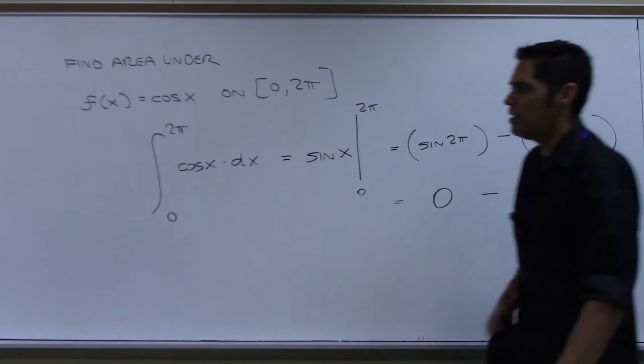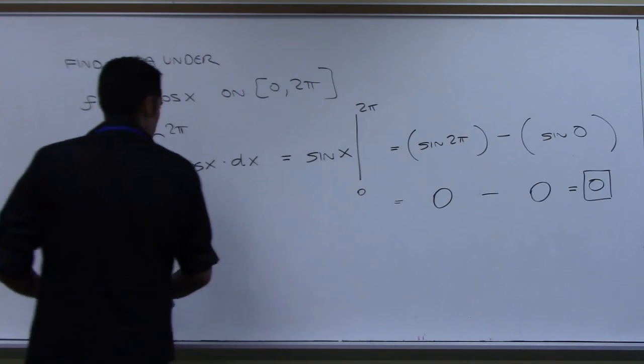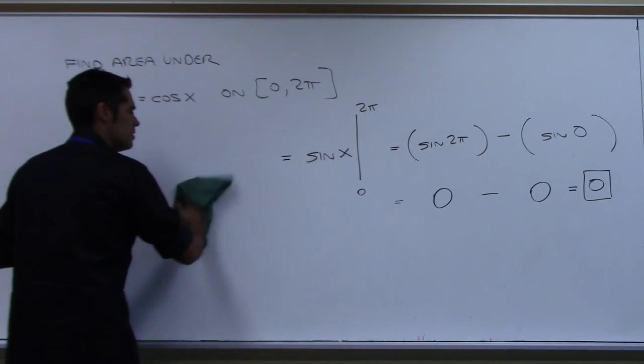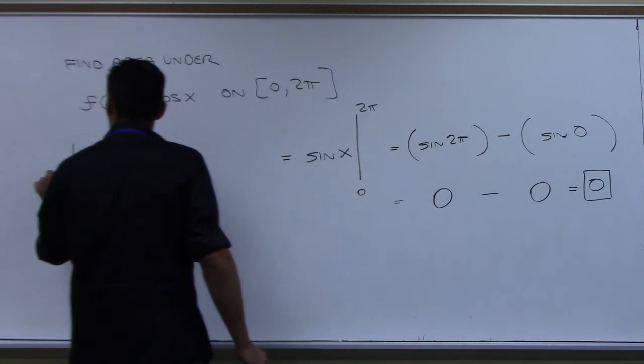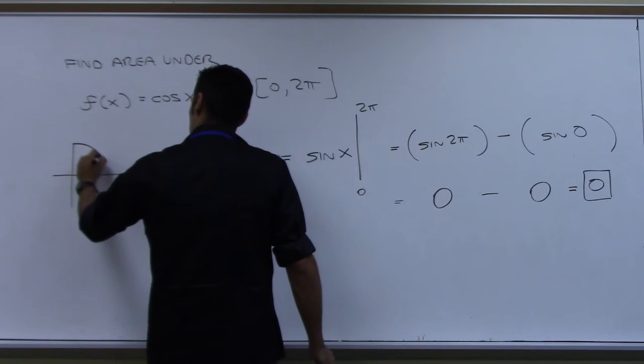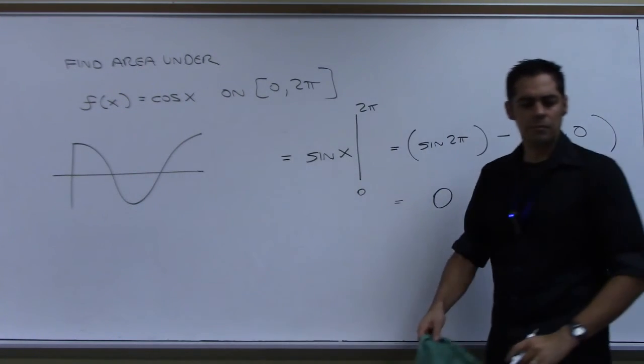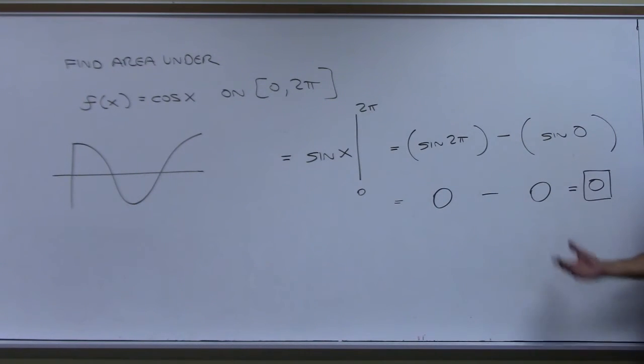But I know cosine has area under it, right? It does, doesn't it? Let me graph it. That's what cosine looks like, doesn't it? So why is this telling me 0?